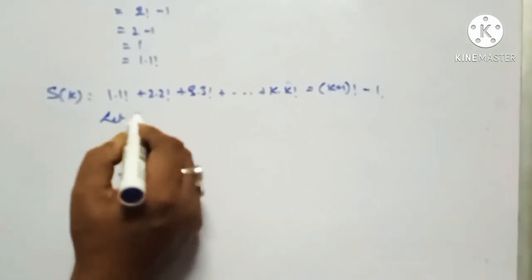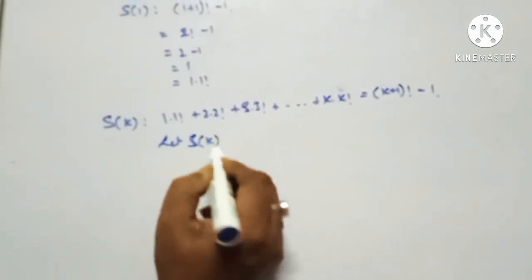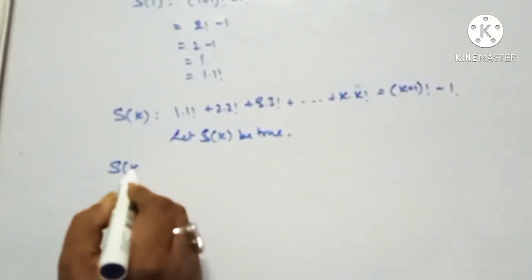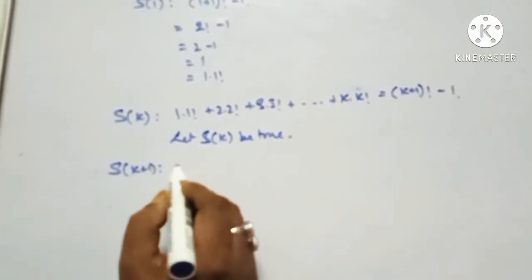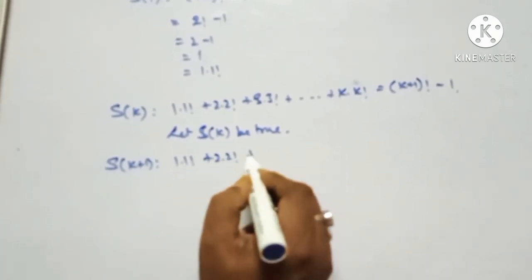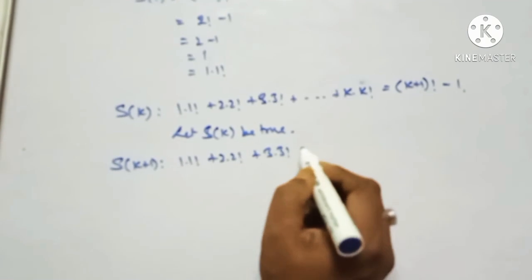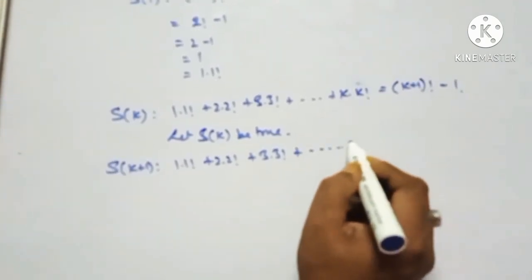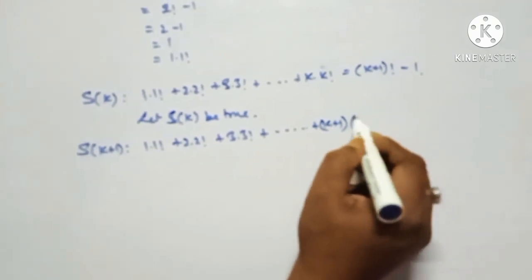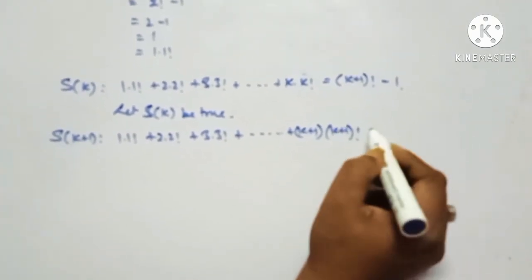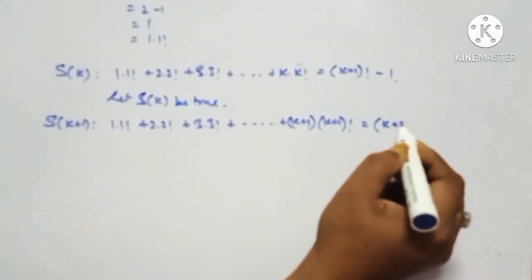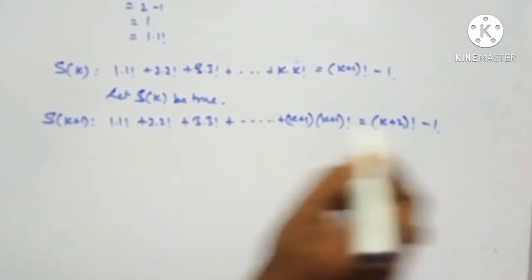Let Sk be true. Now as k plus 1, this will be 1 into 1 factorial plus 2 into 2 factorial plus 3 into 3 factorial plus dot dot dot plus (k plus 1) into (k plus 1) factorial. This will be equal to (k plus 1) plus 1, that means (k plus 2) factorial minus 1.